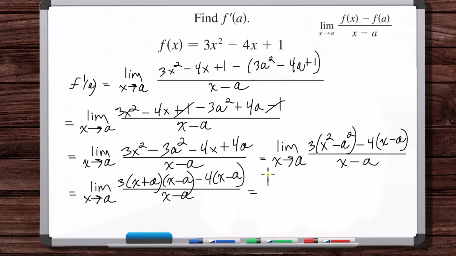Okay, so now we can factor out an x minus a. So you get x minus a, and then 3 times x plus a. So 3x plus 3a, and then minus 4 times 1, so just minus 4.